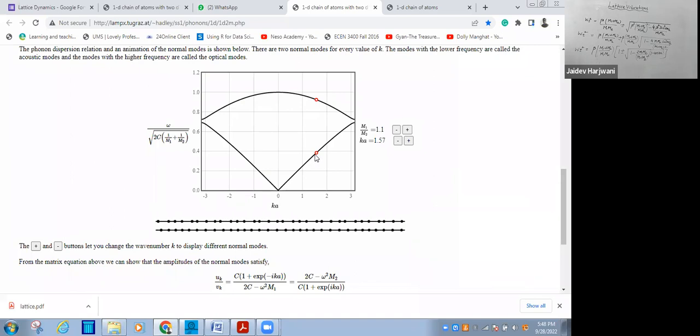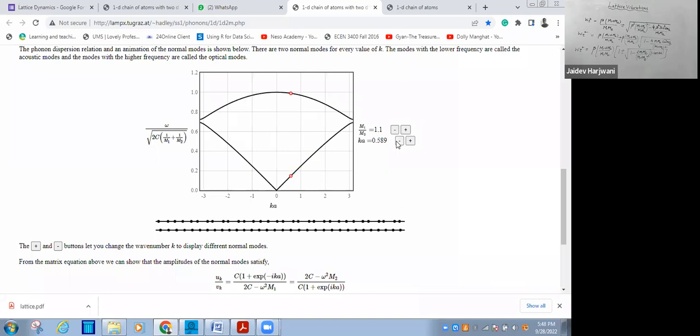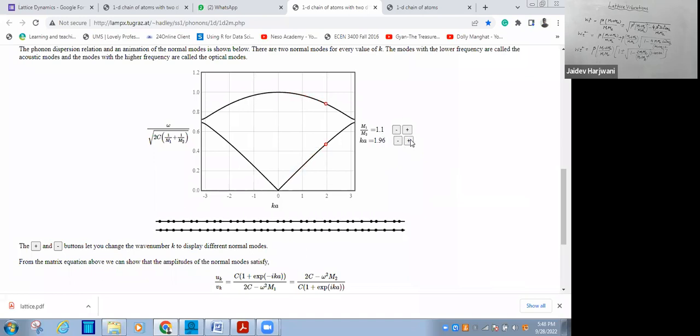If I go down, you see the upper and lower branches are in the same direction, while the lighter atoms are still in opposite directions. And if I move to higher k values, you can see in both the branches only one atom is moving.